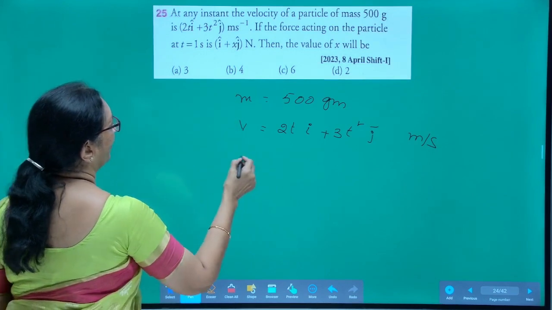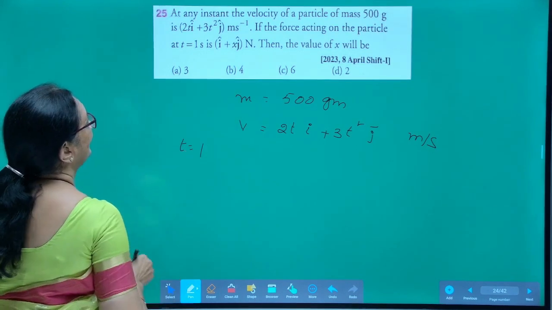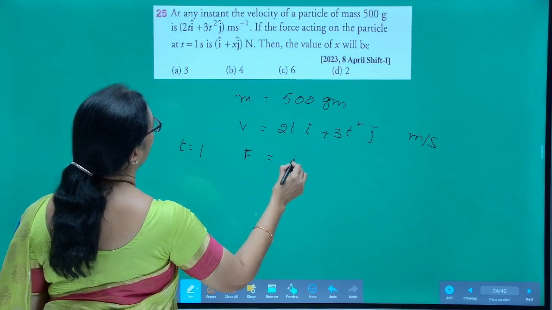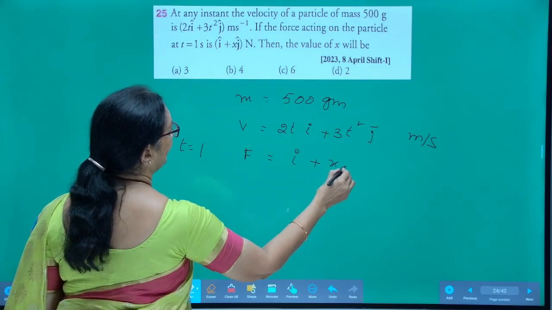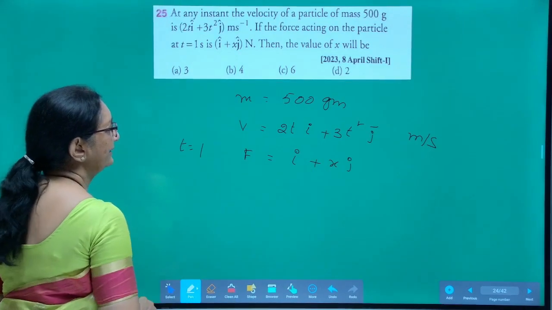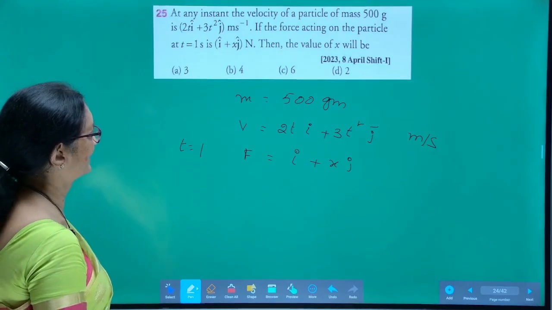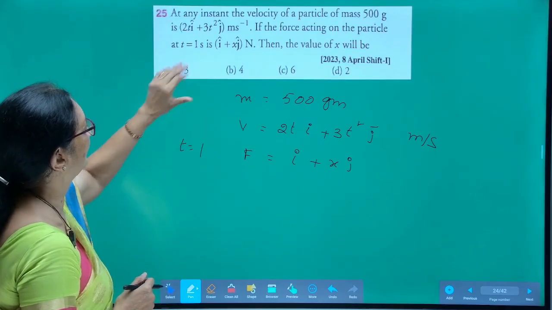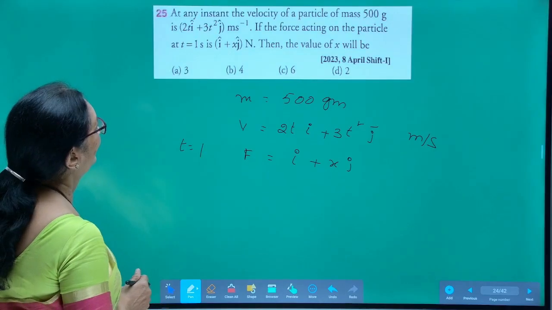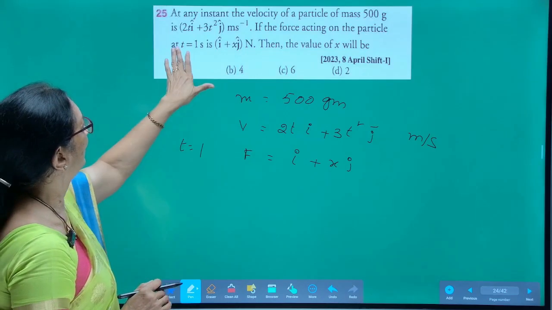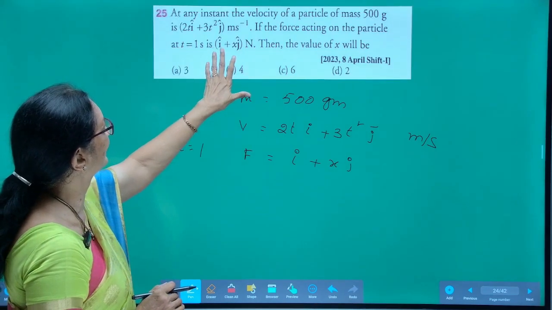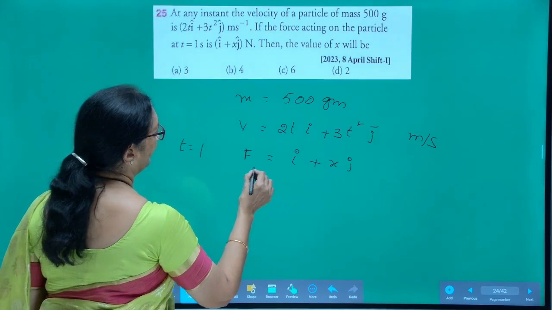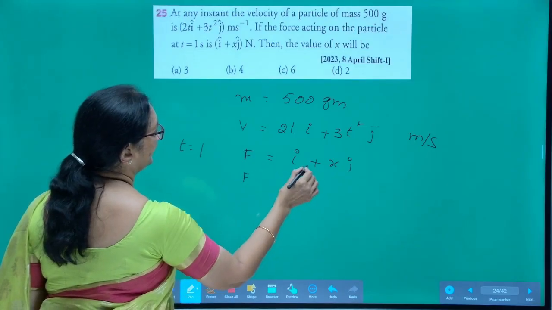Force acting on the particle at t is equal to 1 second is F is equal to i plus xj. Then the value of x is, see here, at any instant velocity of a particle is given like this. So, at t is equal to 1 second, this is the force.